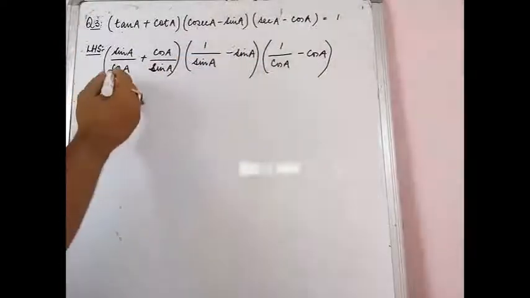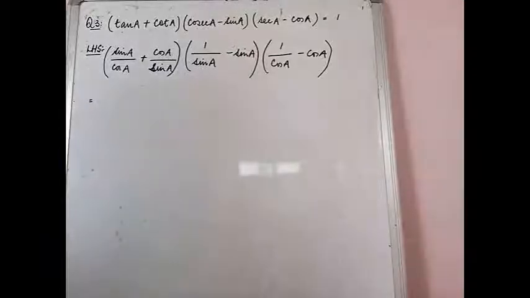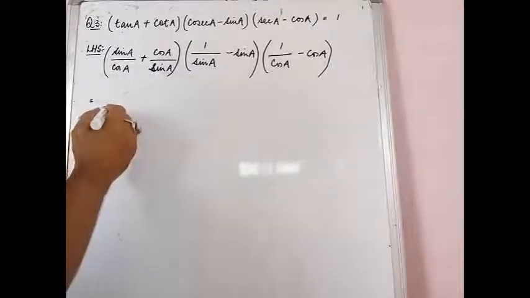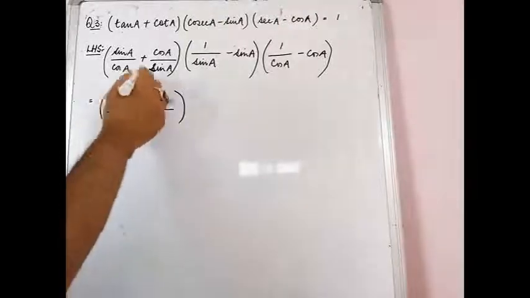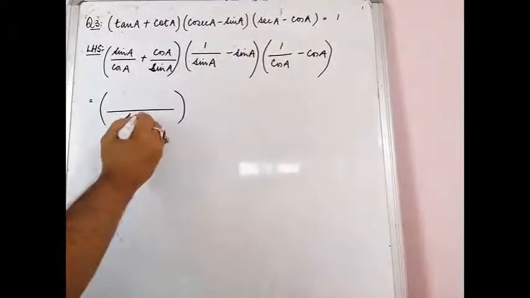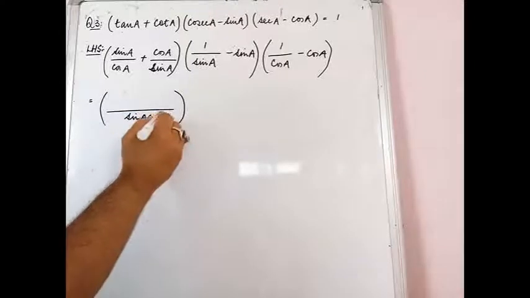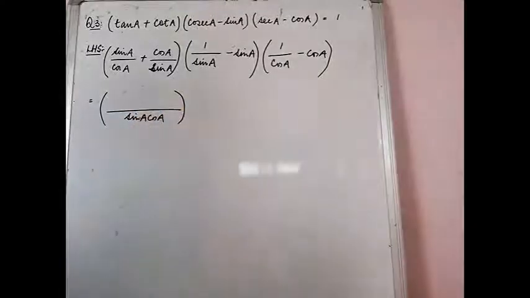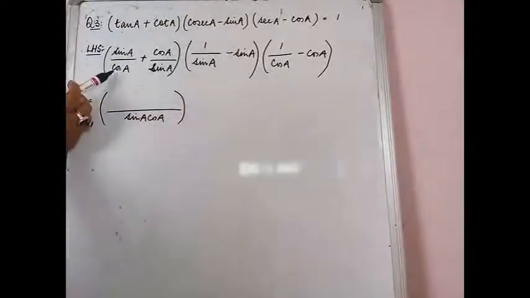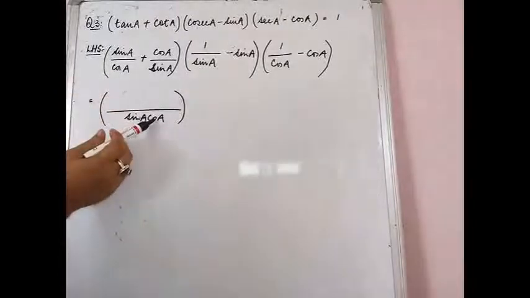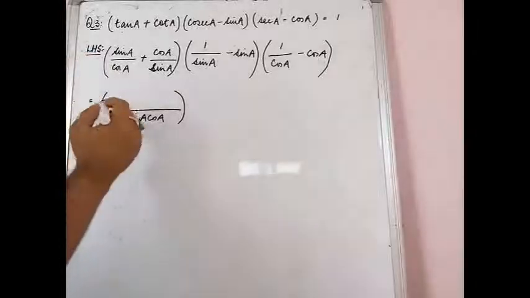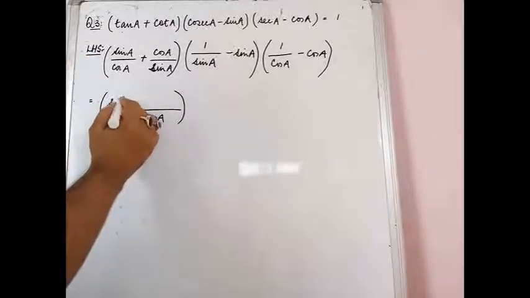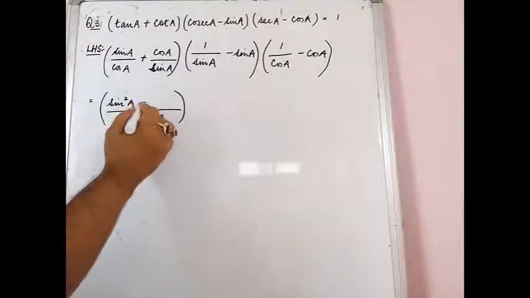Now if you have a look at the next step, in this first bracket, if you take the LCM, you will have sin A cos A as the LCM. Okay, so now when you read the table, cos A one's a cos A, so sin A remains. Sin A into sin A will give you sin square A plus.